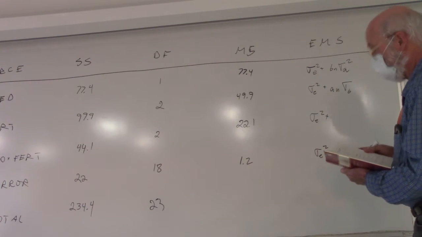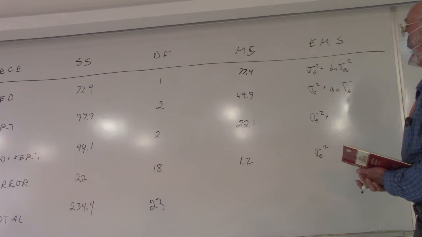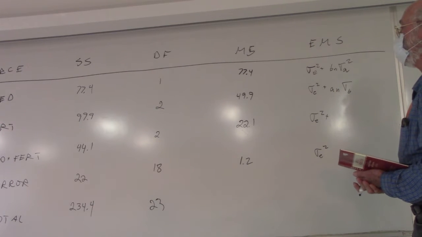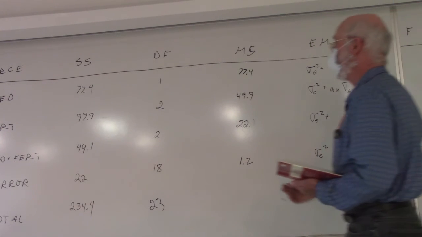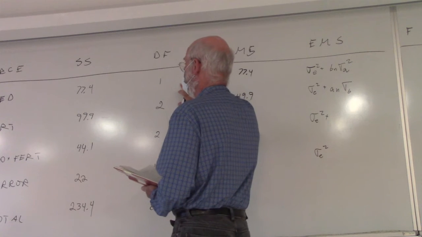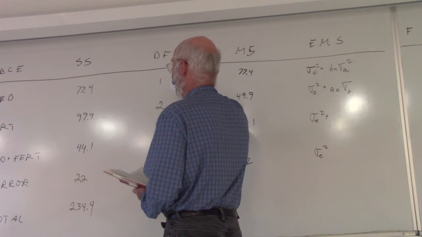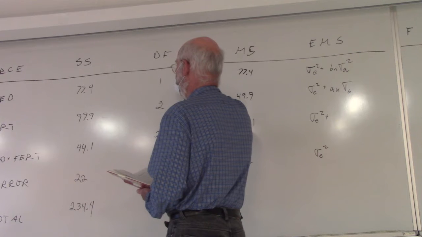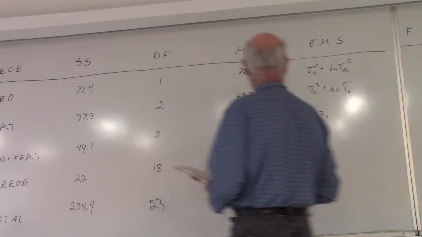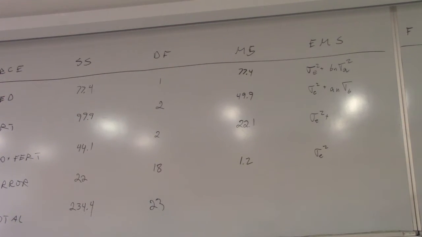What do I get there? I have 2 seed types, 3 fertilizer. What should that be?